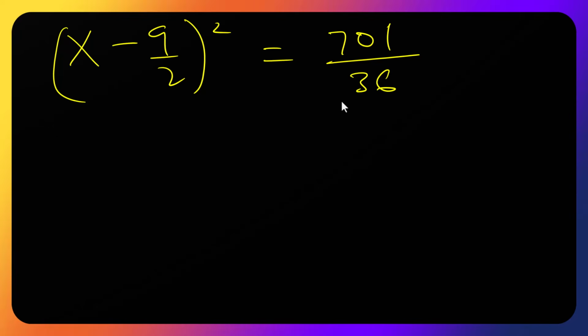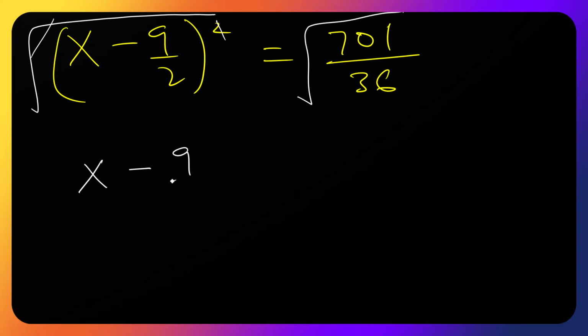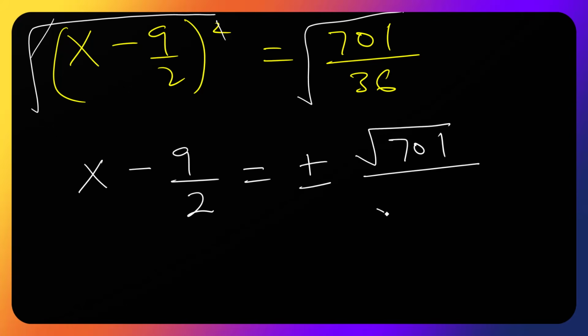Okay. So let's take the square root here. So this side will cancel. Plus or minus. So this one is the same as square root of 701 on square root of 36.